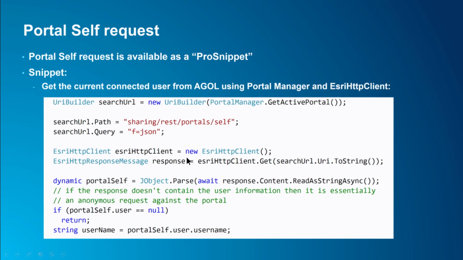You create a new instance of EsriHttpClient, and then you pass your URL into the Get method of EsriHttpClient. And then we await the response that comes back from our response message class. You specify, give me the content, and then we read it asynchronously. Since this read is done asynchronously, we need to await until the asynchronous read is done.